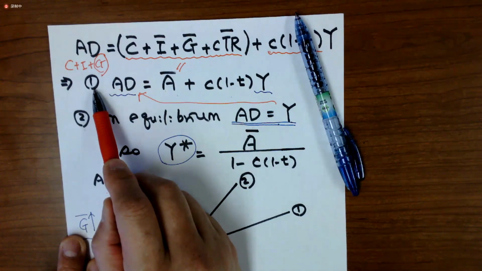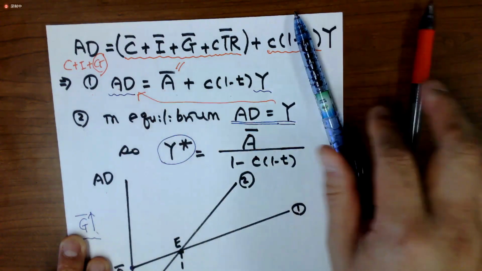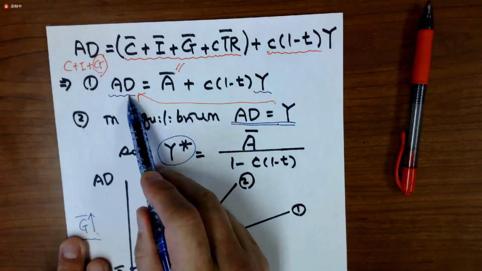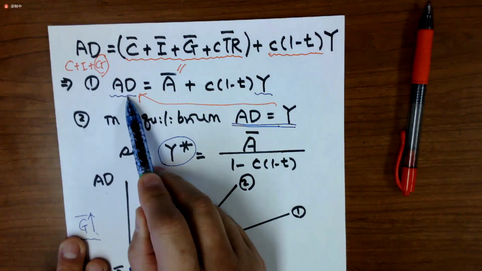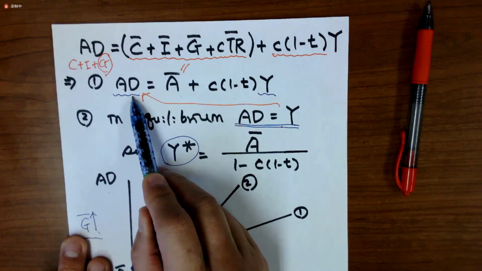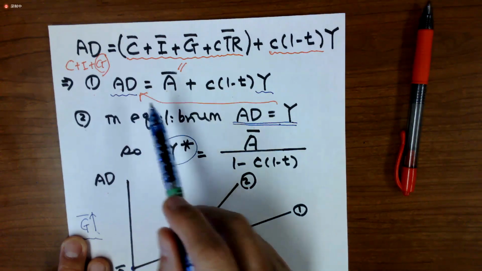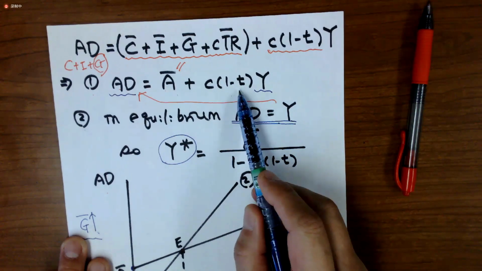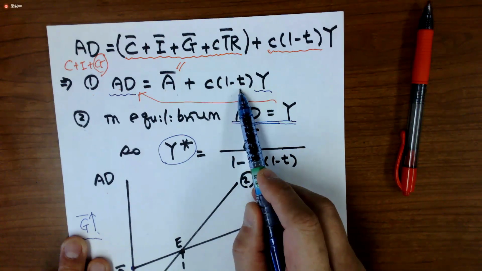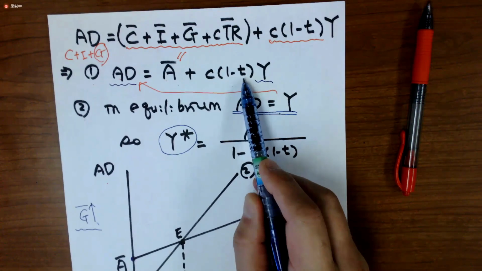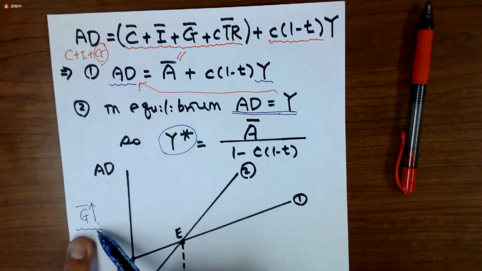Next, is equation number 1 a straight line? Yes. Good. A straight line has two components. One is the intercept, A bar. The other is the slope, C times 1 minus T. So when you have an increase in government spending, will this affect the intercept or the slope?